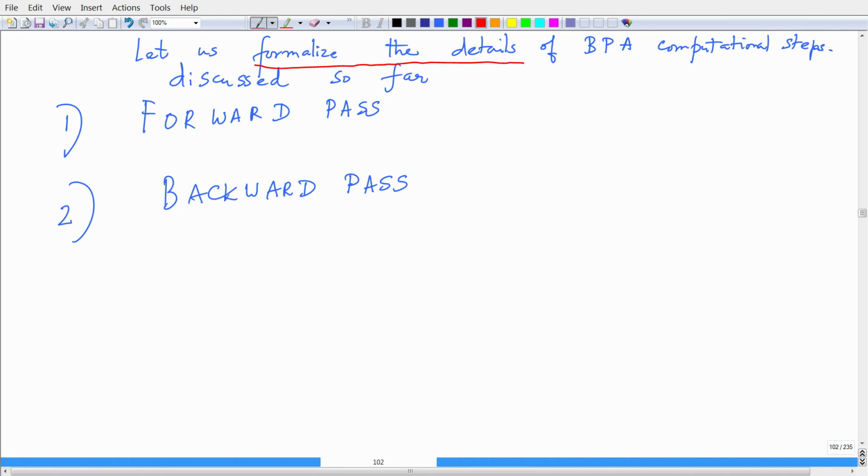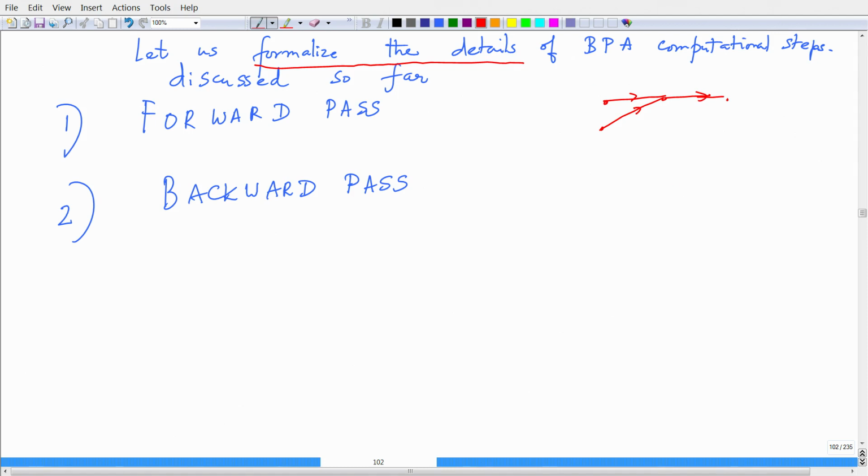The first is the forward pass, the second is the backward pass, right. And if you have to think how this computation happens in the forward pass, basically from one node to the other node you have all the functional signals that are scaled by the synaptic weights, and this is how the computation works.